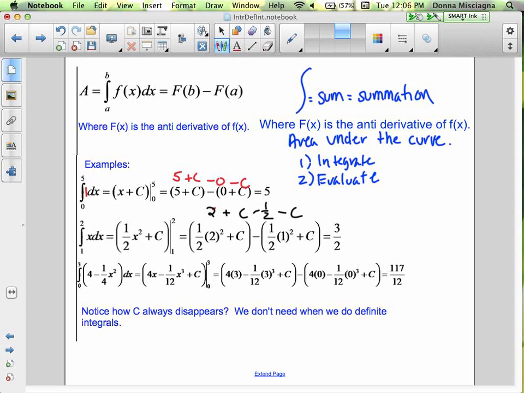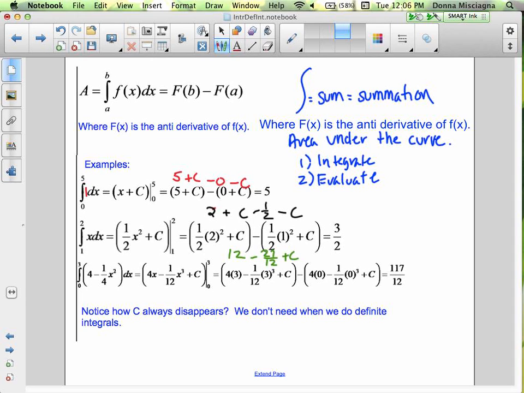And now we're going to evaluate, and then we had a plus c in this one, and then we're going to evaluate from 0 to 3. So first we plug in the 3 into the x's. So 4 times 3 would be 12, minus 1/12 times 3 cubed would be 27/12. And then we have a plus c.